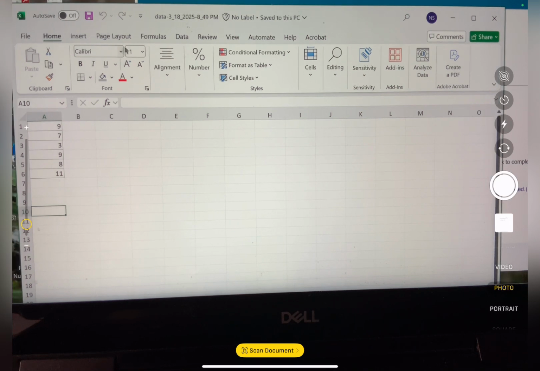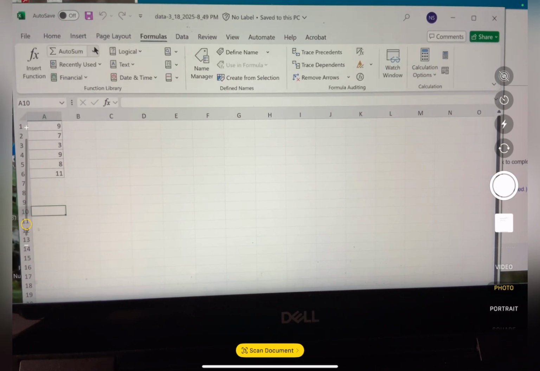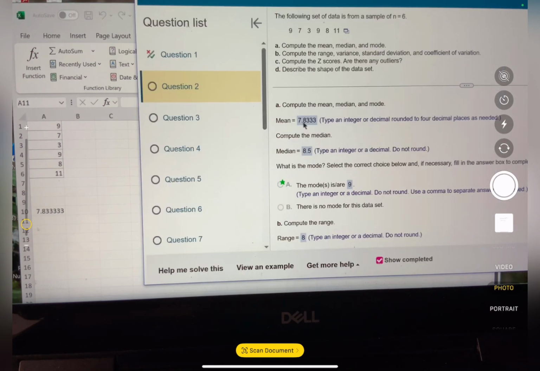I'm clicking formulas. Average is going to be my mean. Highlighting. 7.8. All right, let's see. 7.8, we got it. Now, median, we have to get 8.5.